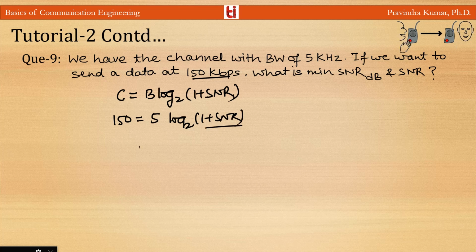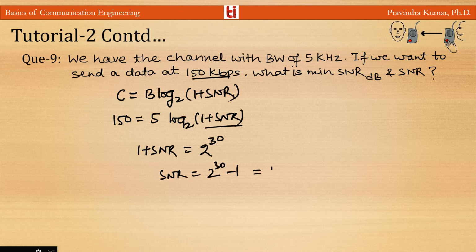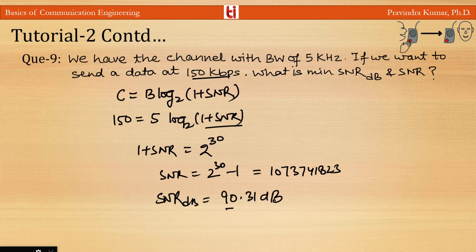So here we can write 1 plus SNR will be 2 to the power 30, or you can say SNR is 2 to the power 30 minus 1, which is approximately 1073741823. Or I can say SNR in dB will be 90.31 dB.